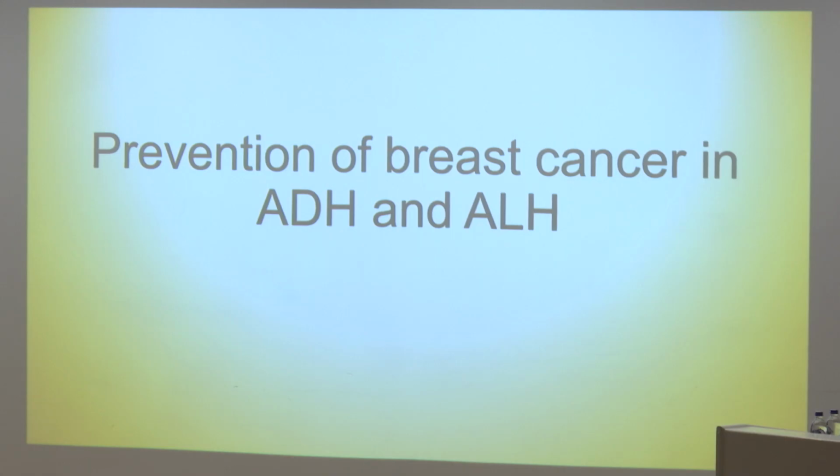Let's say that we have a woman with such a diagnosis at the age of 60. This woman is interested in preventing breast cancer in the future. It's the only thing she cares about. So, for that woman, there is one solution, tamoxifen, only that solution.